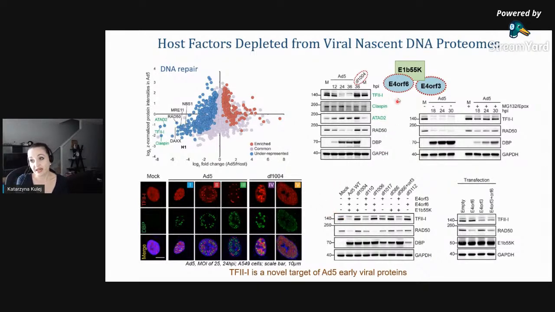To better specify which of these E4 proteins is leading this degradation, we created a set of mutants, which contain all three proteins, or only two, or only one. As you can see, the mutant which lacks the E4 proteins is rescued.